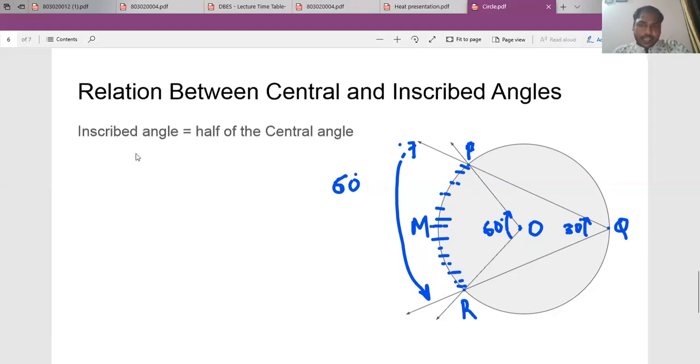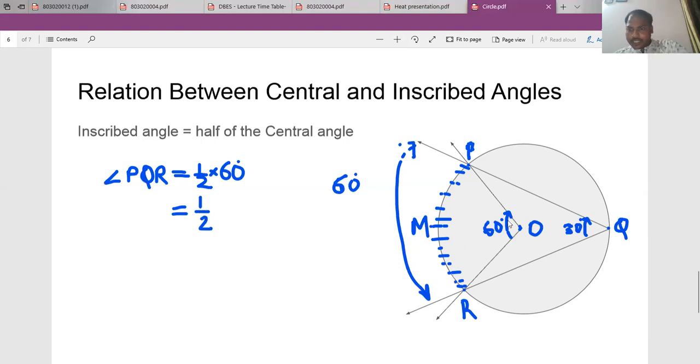I can write angle PQR is equal to half of 60 degrees. So I can replace that 60 degree value.